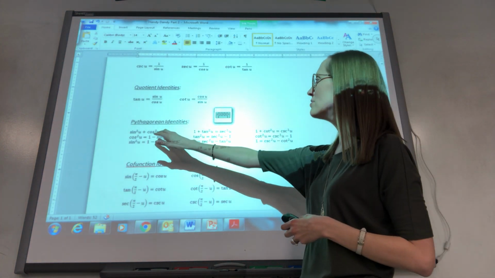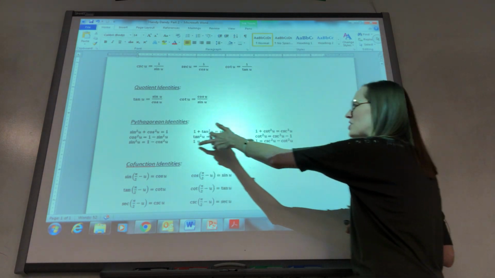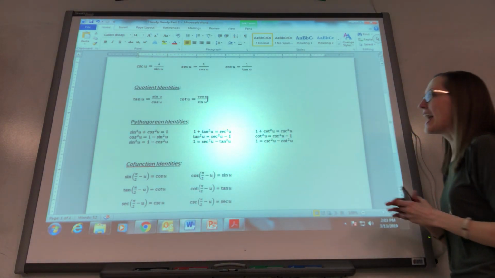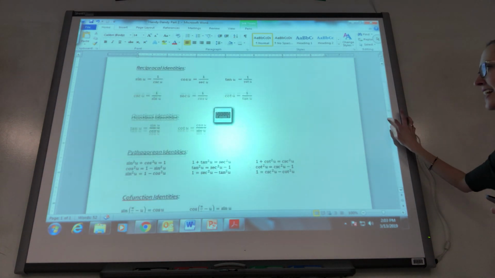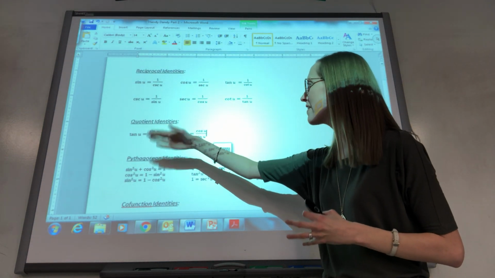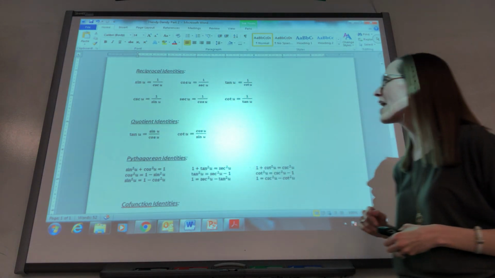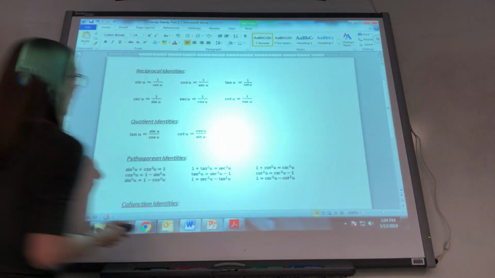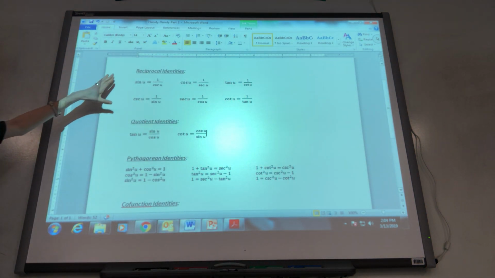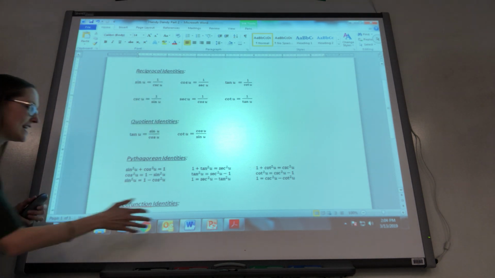You can't use the Pythagorean identities unless you have a trig function squared in it, and we don't have that. They also don't show up right here. I'm looking for secant and cosecant, and they're nowhere to be found right there. So really, the only option on this problem is to use the reciprocal identities.